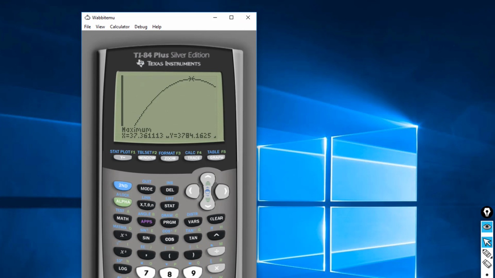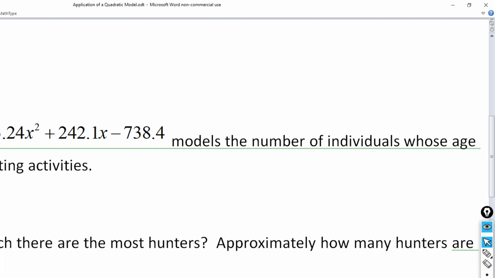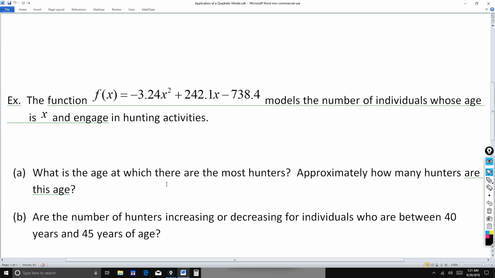Now we can go over here. Say, what is the age at which there are the most hunters? That's 37.4 years. Okay. So this generated the X value. And then approximately how many hunters are this age?